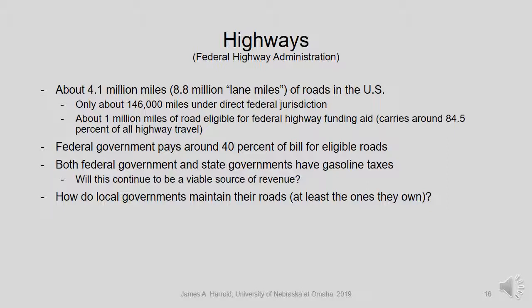So some of the most congested highways in the United States really are eligible for federal highway funding, along with the interstate highways and the U.S. highways. So the federal government on those roads, on that 1 million miles of road, pays about 40% of the bill for construction and maintenance of those roadways. And the states end up paying about 60%.